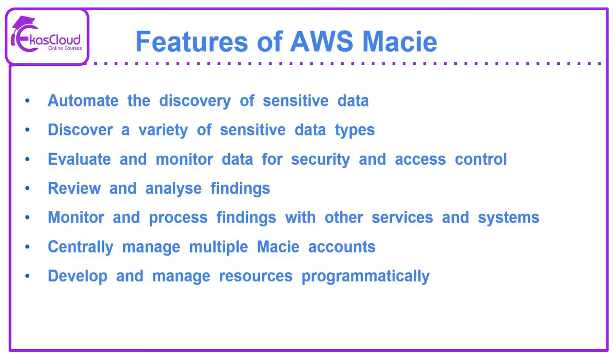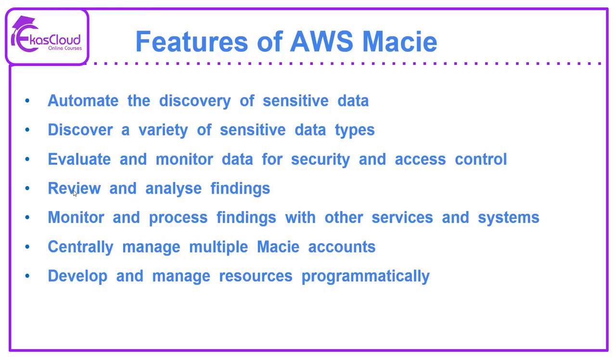So next, I'll be talking about some of the features of Macie, and the key one, like I mentioned, will be it will help your organization to automate the discovery of sensitive data. So I think I've mentioned that it would create the sensitive data finding for you, and you would get the report as well.